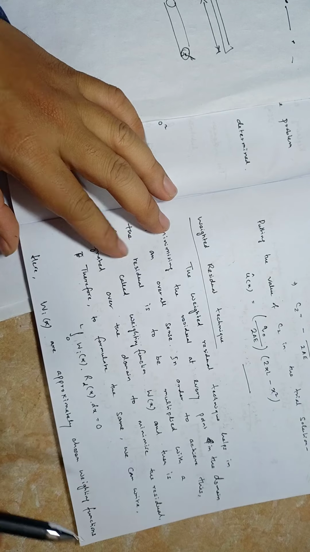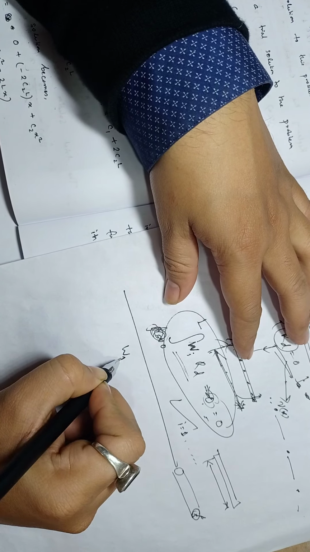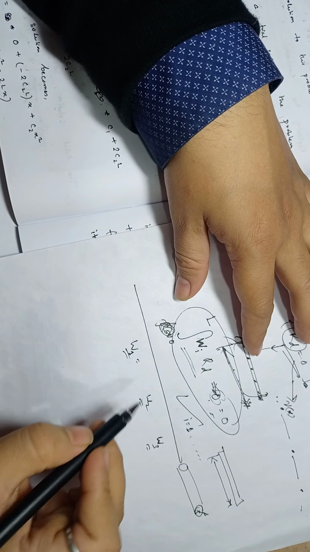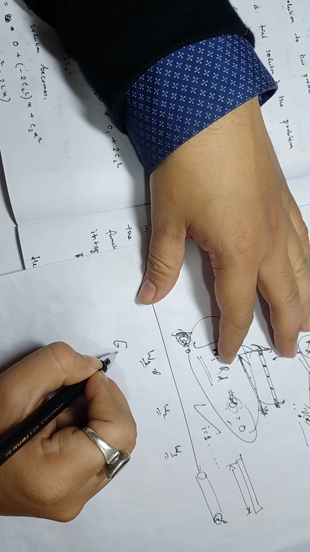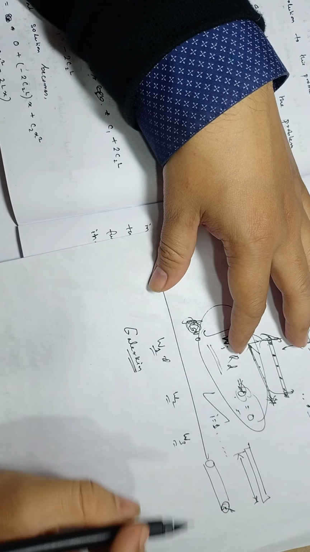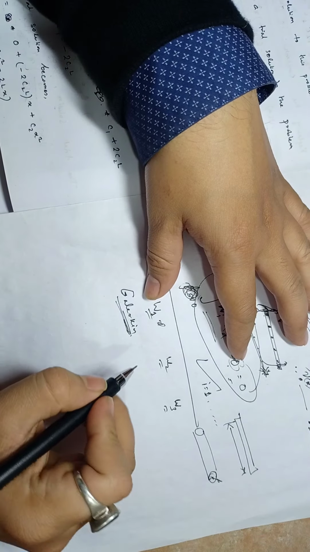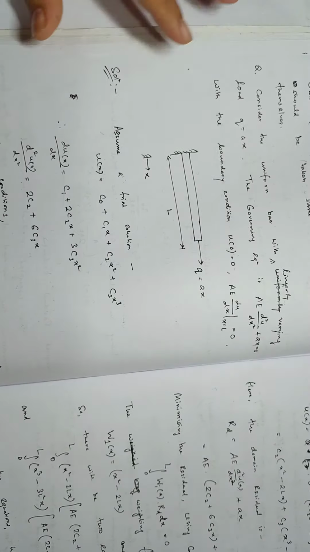Okay, so now your question is how to take the weighting functions W1, W2, W3. There is a technique that is suggested by Galerkin. Galerkin was a mathematician. He suggested that you take the weighting function the same as the trial function.